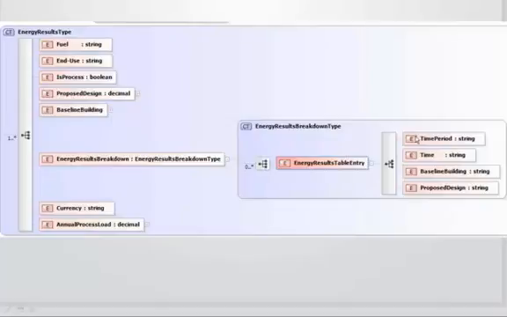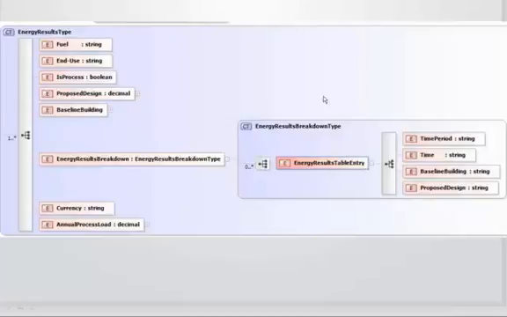structure we have something called a time period and a time. The time period would be the time increment that you're looking at for your end use breakdown. Is it monthly? Is it hourly? Is it something else? And then the time would be that specific time, whether it's January or a certain hour of the year.